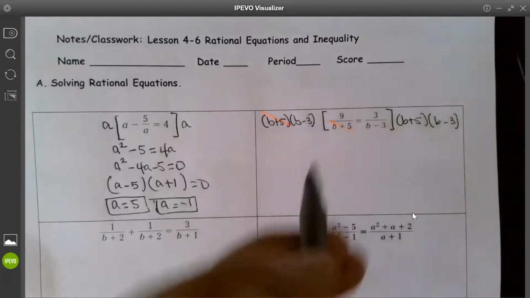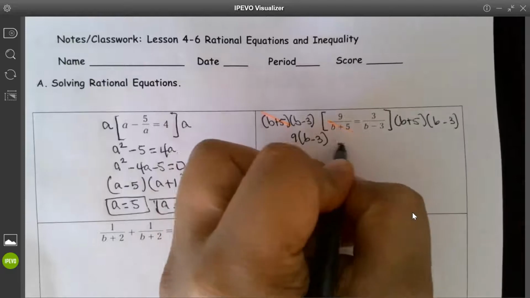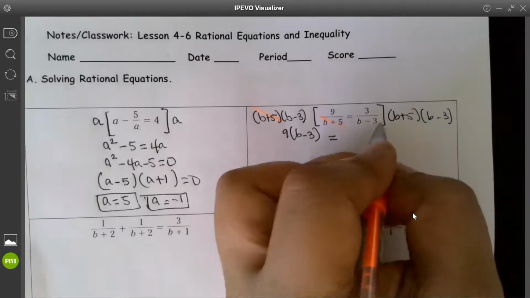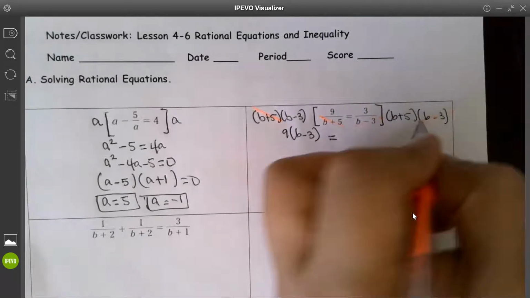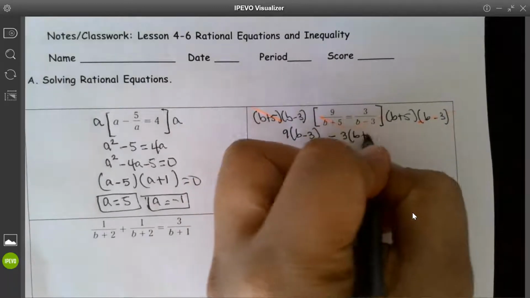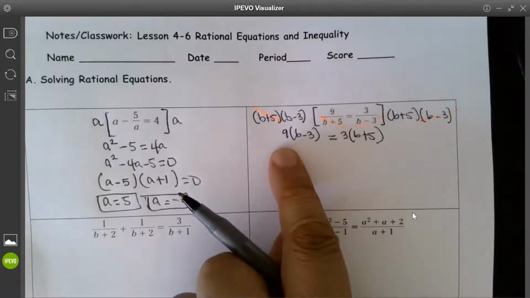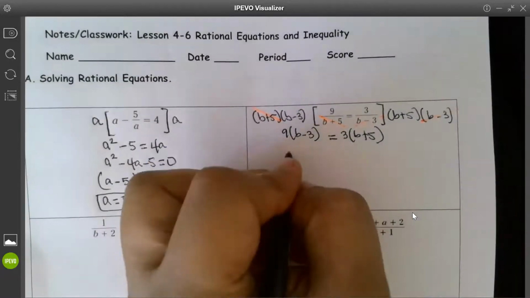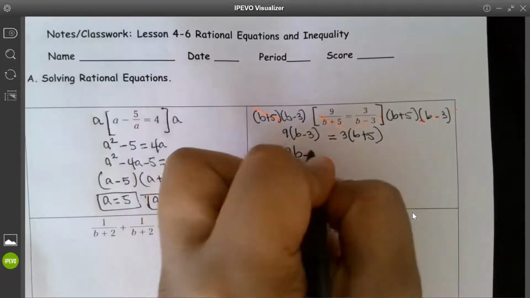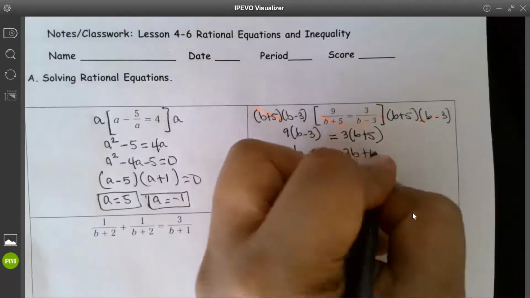So what is left is simply 9 times (B minus 3) is equal to, at the right side, (B minus 3) and (B minus 3) will cancel out, so what is left is 3 times (B plus 5). Now, distributive law. I'm going to distribute. This one is 9B minus 9 times 3, which is 27, equals 3B plus 15.